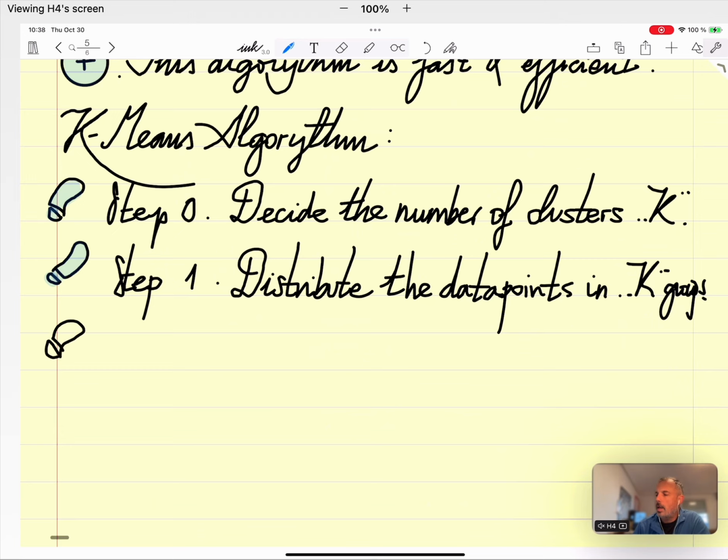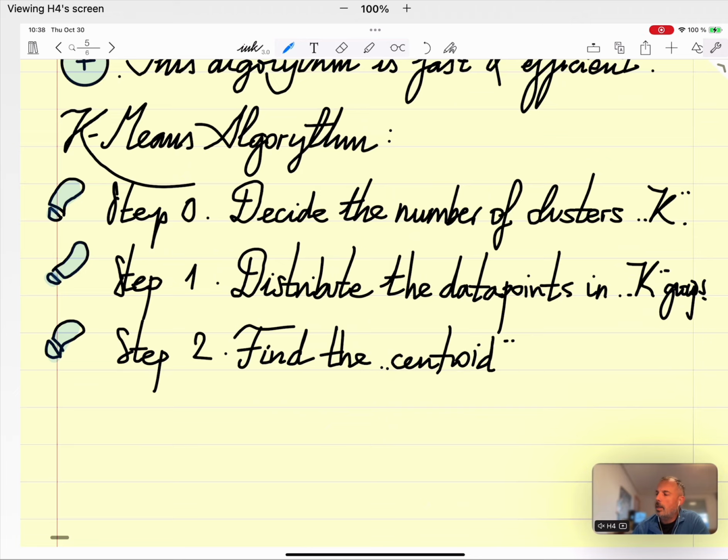Another step. Step number 2. Of course, we will do an example right away. So the step number 2 is to find the so-called centroid, which is nothing but the center of mass or the mean, Mittelwert, okay, of each group.